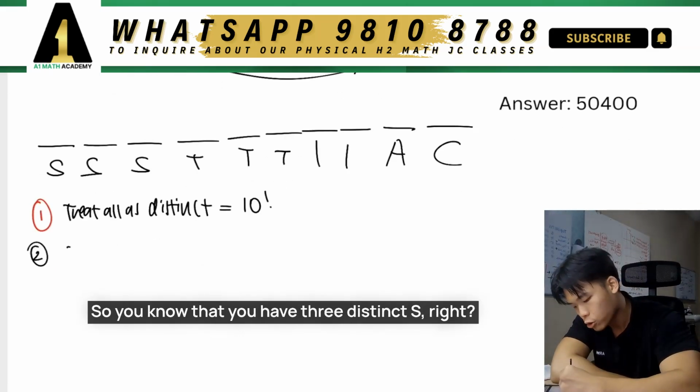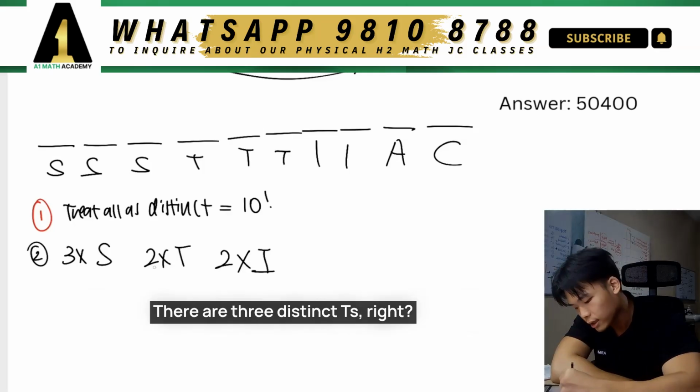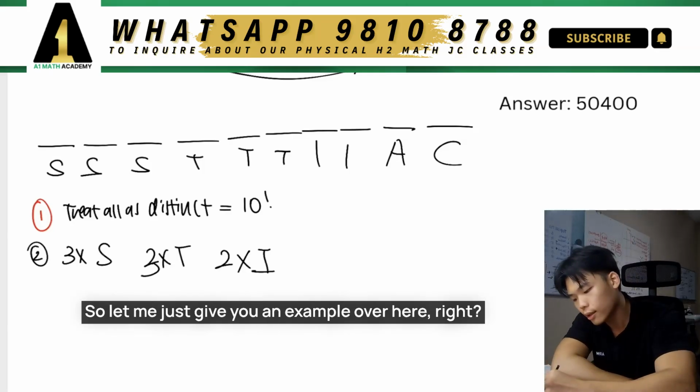Then number 2, what are your identical groups? You have 3 S's, 3 T's, and 2 I's. Let me give you an example.